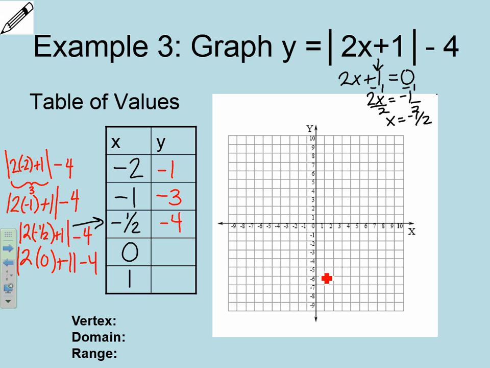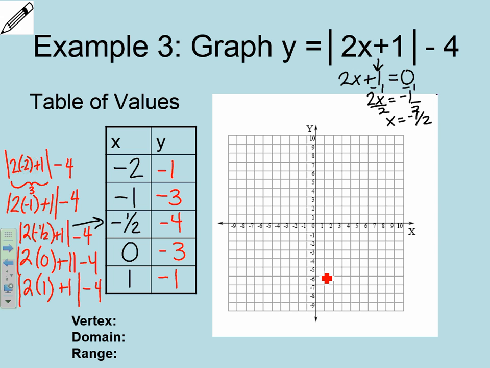Subtracting 4 is -3. And last but not least, 2 times 1 plus 1 in absolute value, and then subtracting 4. 2 times 1 is 2, plus 1 makes 3. Absolute value remains 3. Subtracting 4 makes -1.